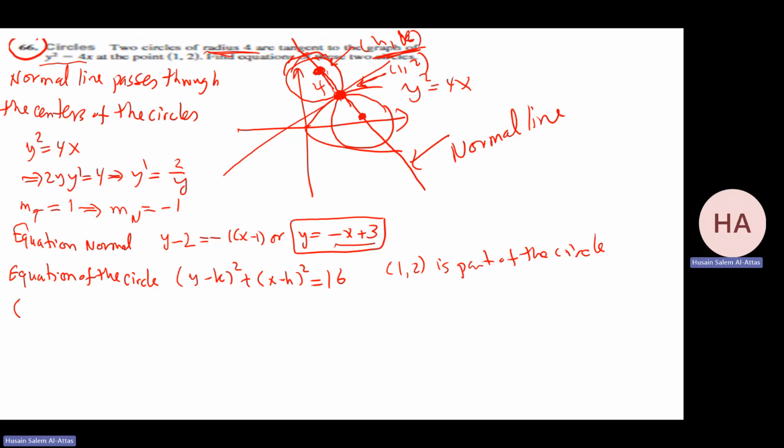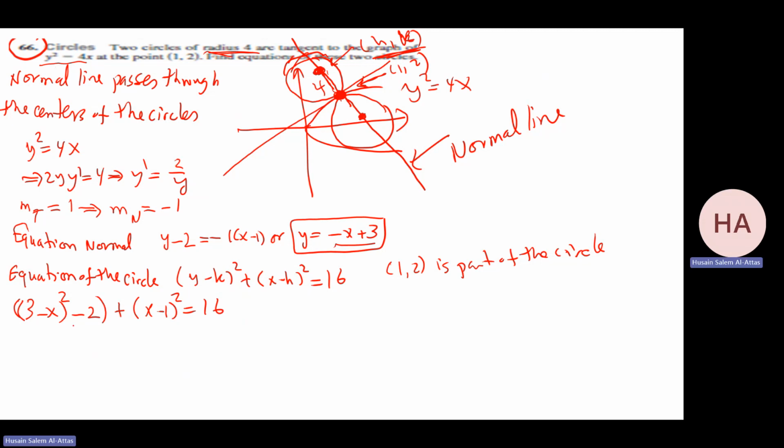So I have y, which is 3 minus x, squared, minus 2 plus (x minus 1) squared is equal to 16.